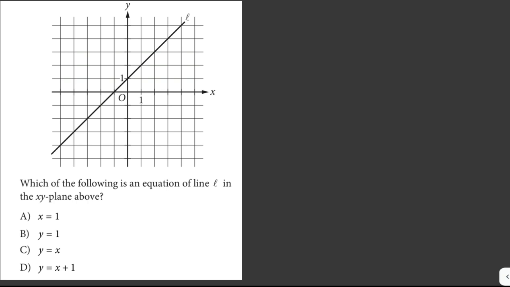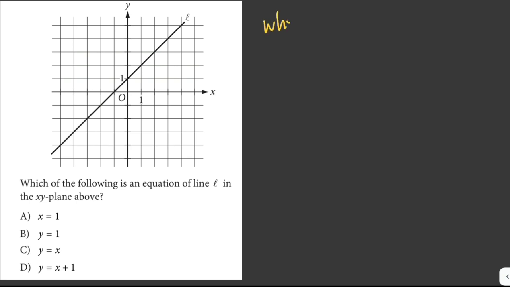Which of the following is an equation of line L in the xy plane above? Looking at the graph here, the y-intercept of line L is 0, 1.